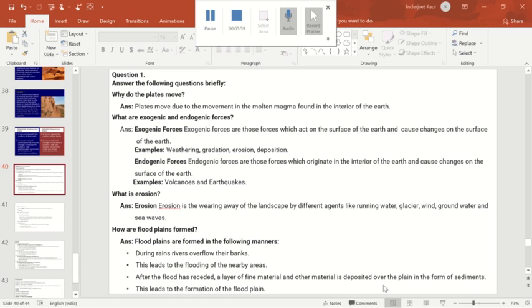Whatever was there in the flood water, all that material is deposited on the surface. This leads to the formation of the floodplain, and this is how the floodplains are formed.